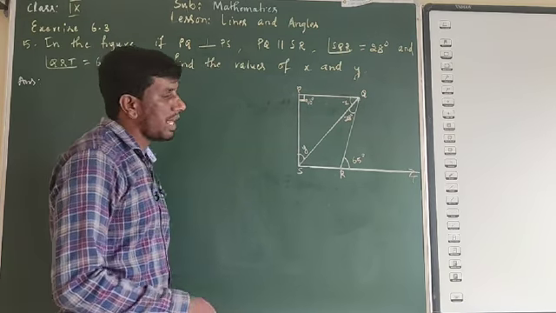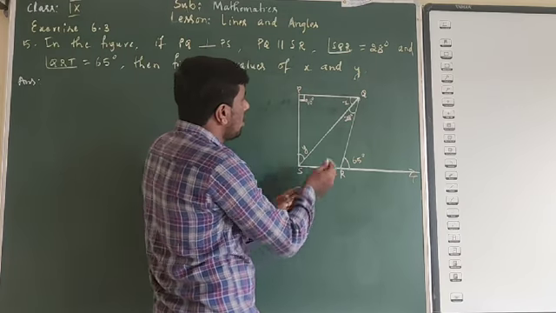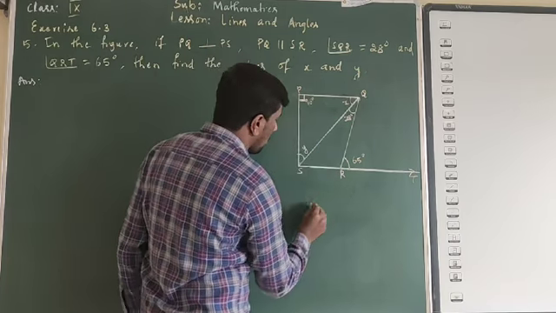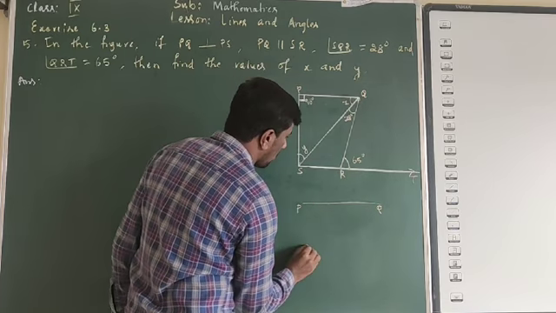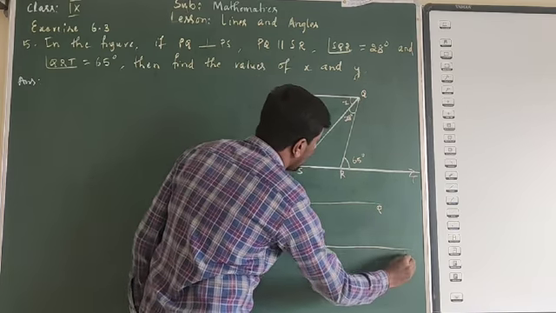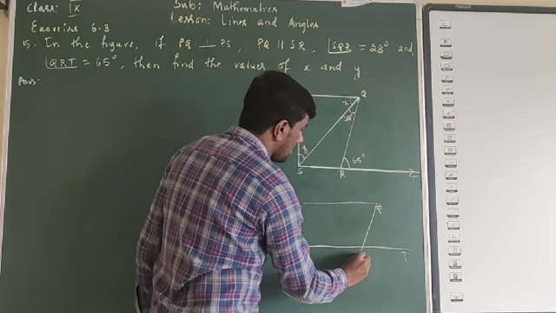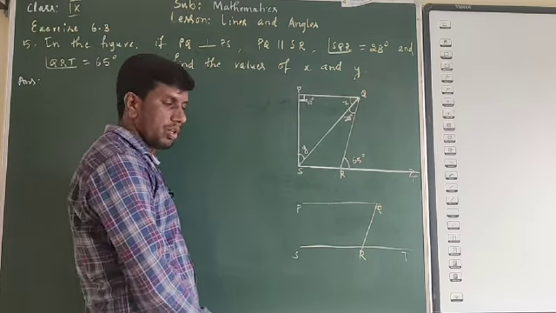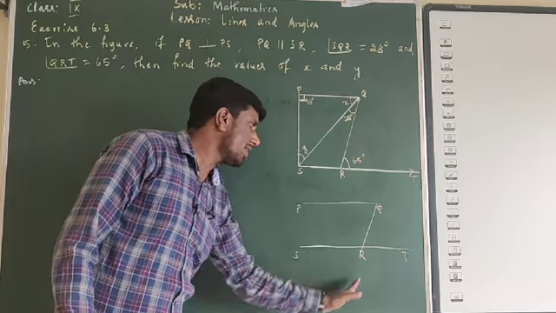Okay. So how will you find out x now? How will you find out x by using these angles? See, they have told me that PQ is one line. PQ is a line. Okay. And ST is also one more line. Then QR is a transversal. Correct? PQ and ST are parallel lines and this is a transversal.